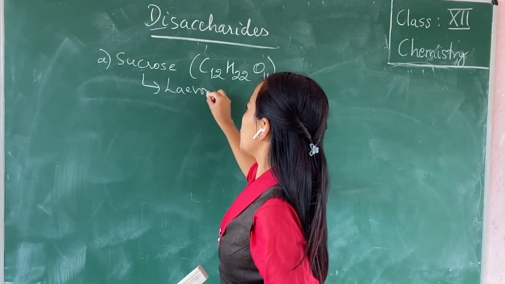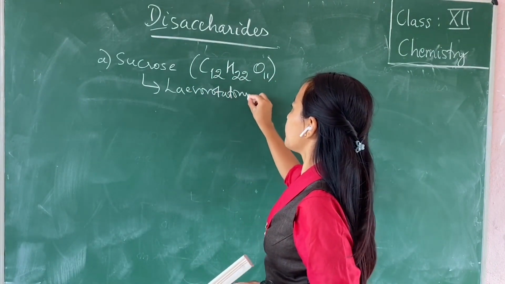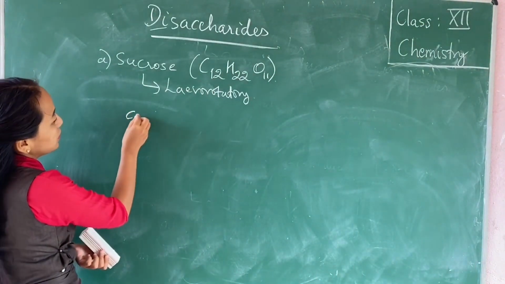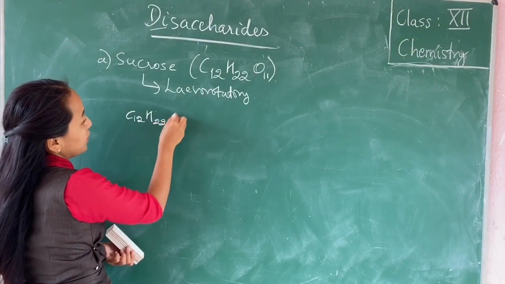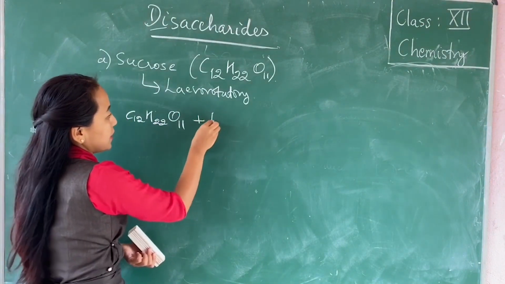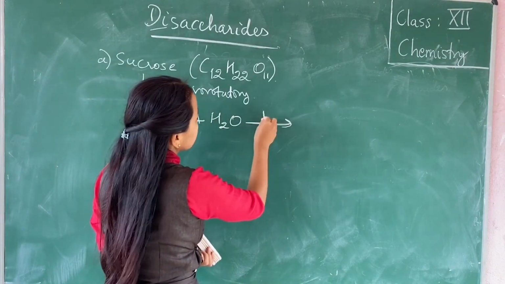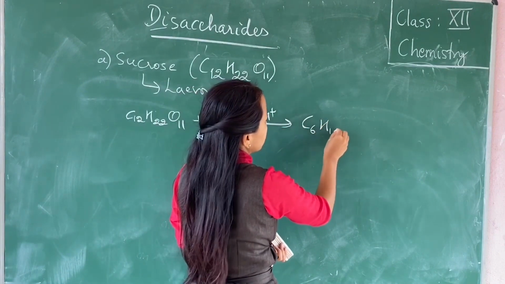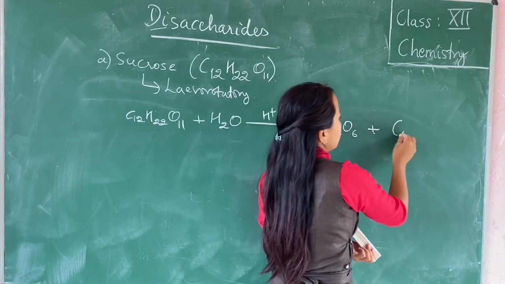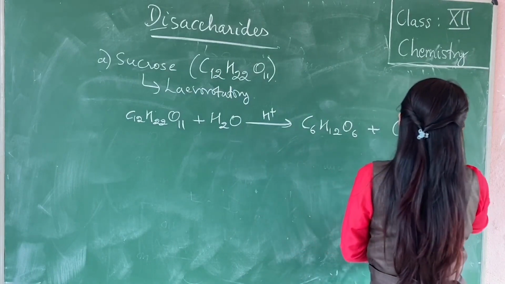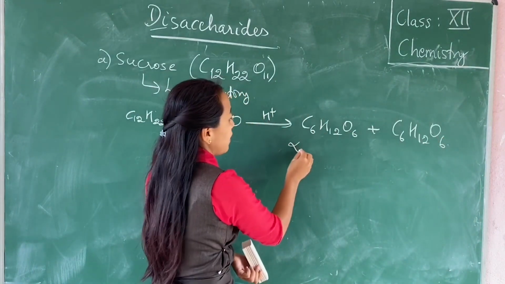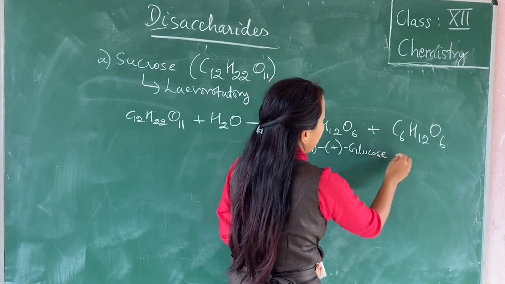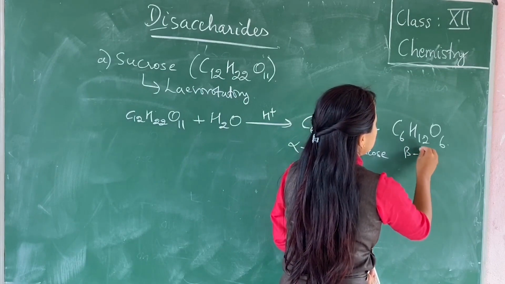Sucrose on hydrolysis, that is acidic hydrolysis, produces an equimolar mixture of glucose C6H12O6 plus fructose C6H12O6. In this case, this is alpha D plus glucose, and this is beta D minus fructose.